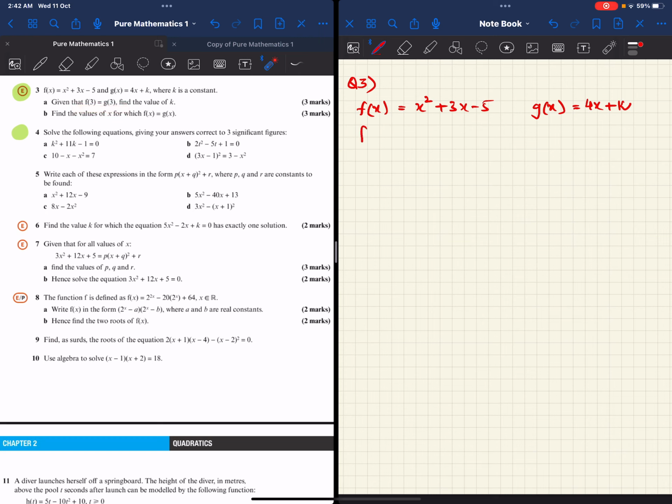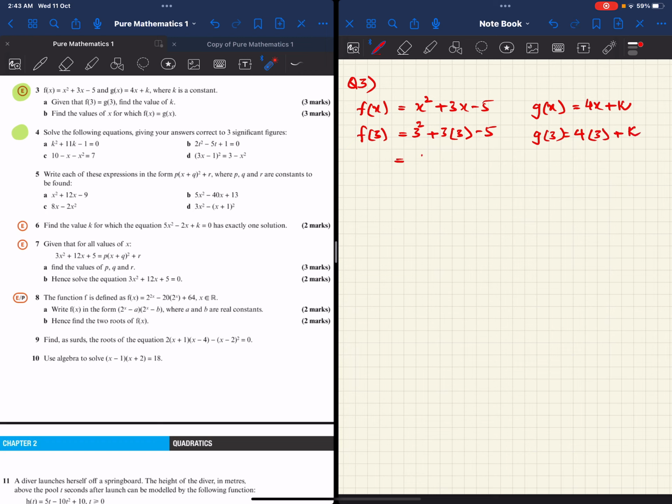So we need to find f of 3 and g of 3 and equate both of them because the question says they are equal. So for f of 3, we replace every x by 3. And for g of 3 also, we replace every x by 3.